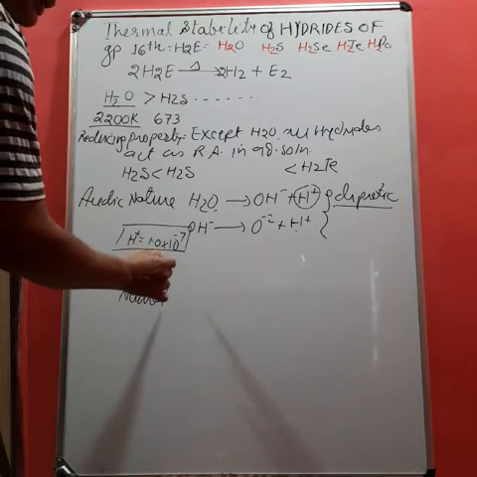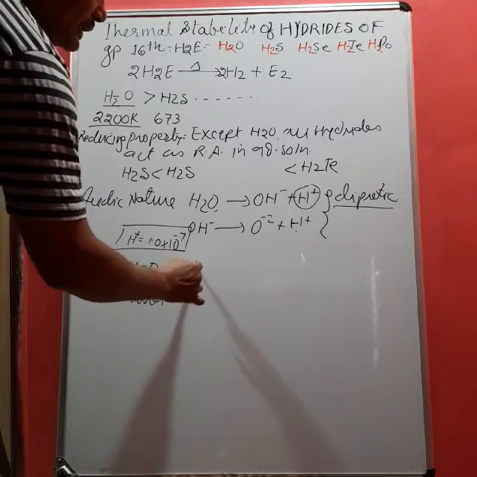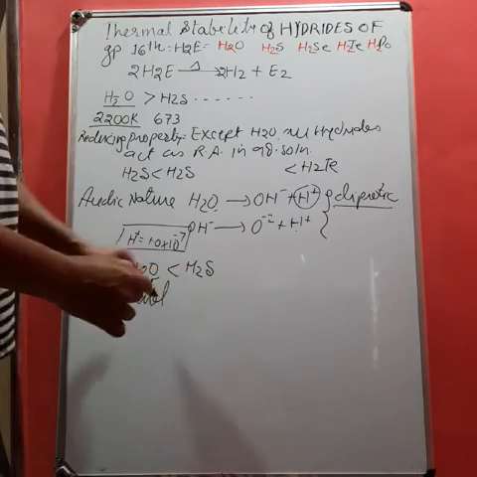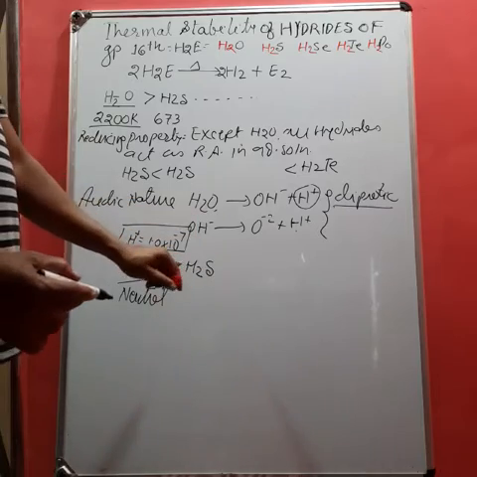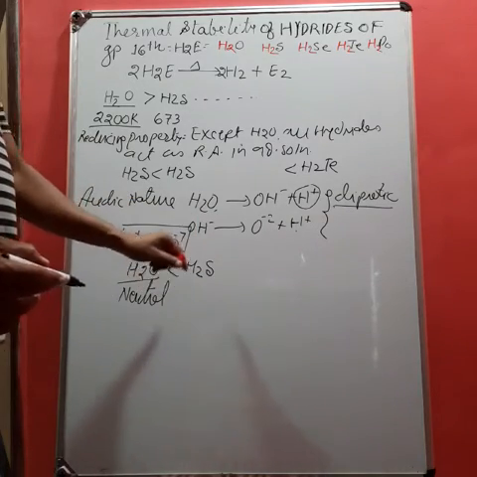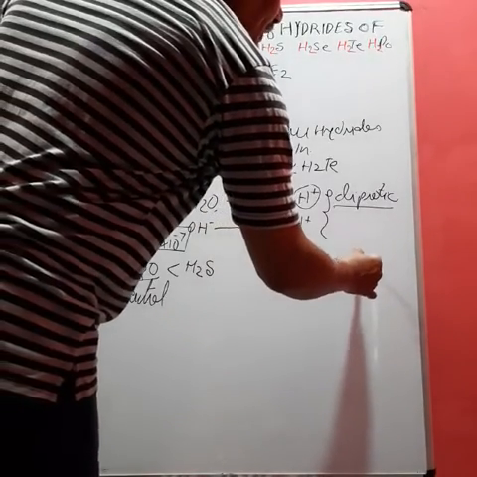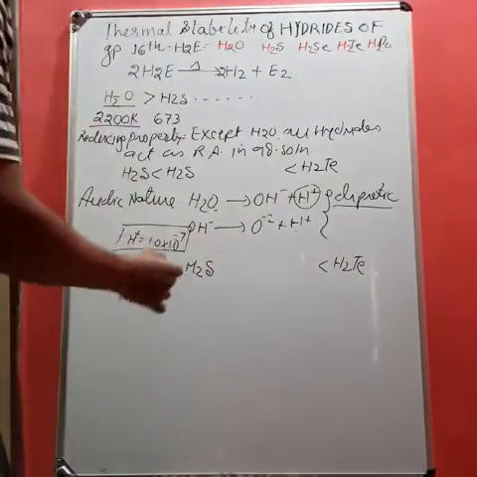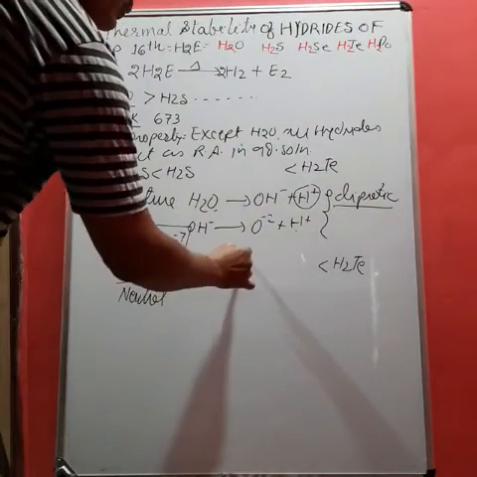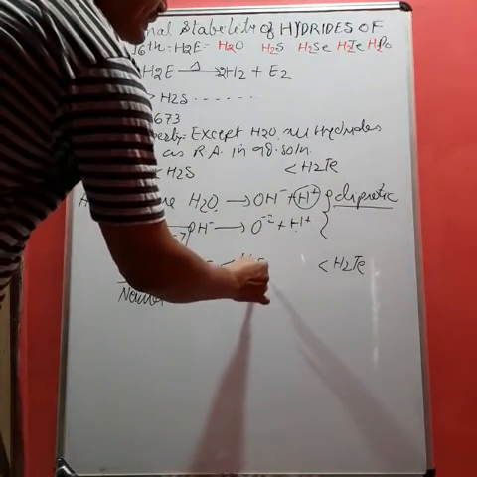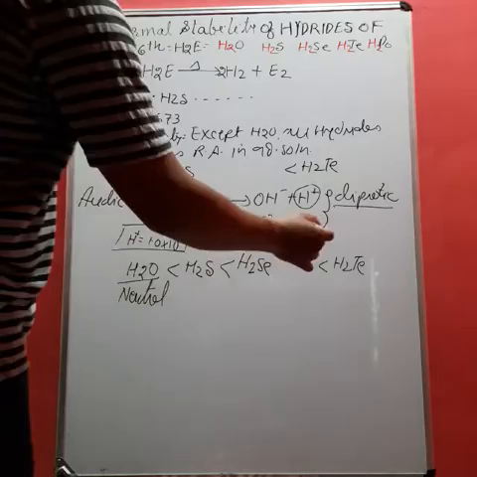But as we move down the group, H2S, due to larger bond length, can easily release H cation, thus H2S is more acidic, and the most acidic will be H2Po. The related question is also given there, like why H2S is a weak acid as compared to H2Po.